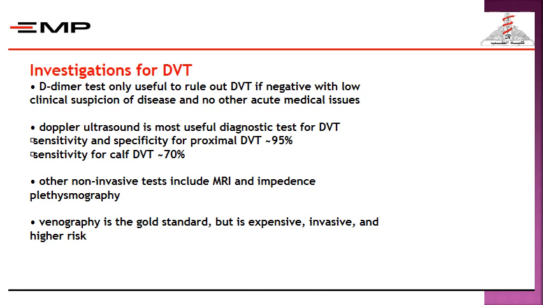So if it is negative, it may be no DVT, with low clinical suspicion of disease and no other acute medical issues. And if you are still suspecting DVT on clinical grounds, if it is negative, don't rely on it. Try to repeat it again.